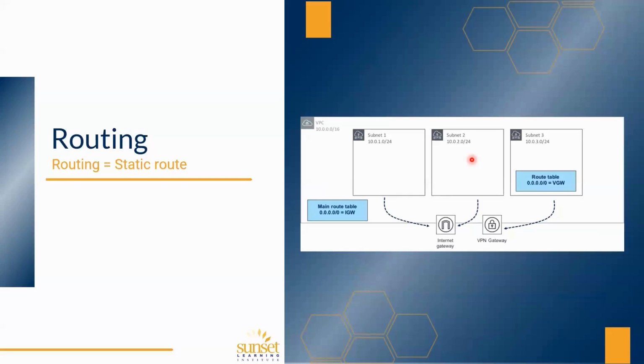Now, the next thing here is, as you can see, we've subdivided into 3 subnets. Guess what? You can create routes or a routing table inside of AWS. By the way, folks, what that actually is, it's simply a static route.